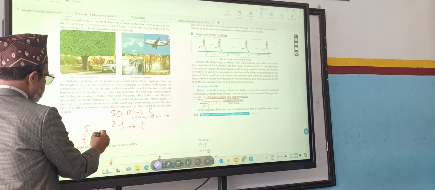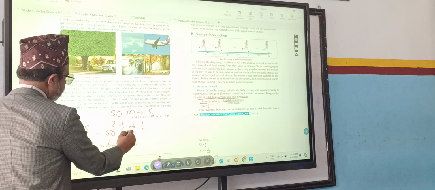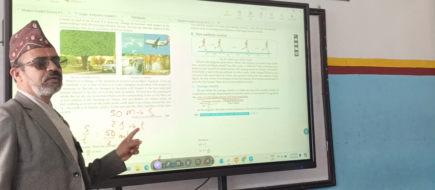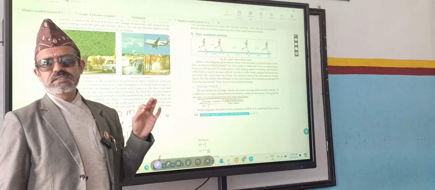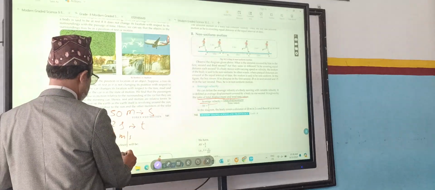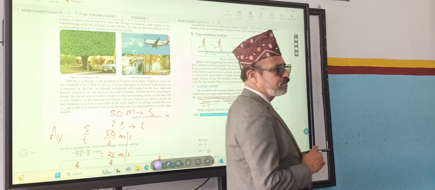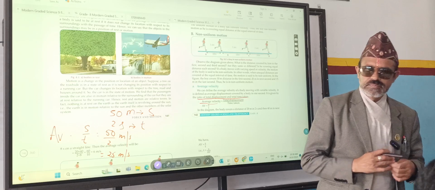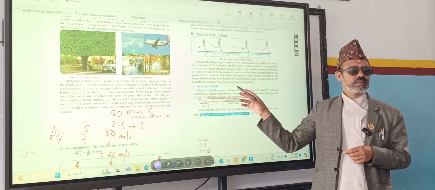S by T. S is 50 by 2 meter per second. Remember, distance must be expressed in meter, time must be expressed in second. Then how much does it come? 25 meter per second. Is it okay? Yes, sir. Remember, this is the formula to calculate average velocity.